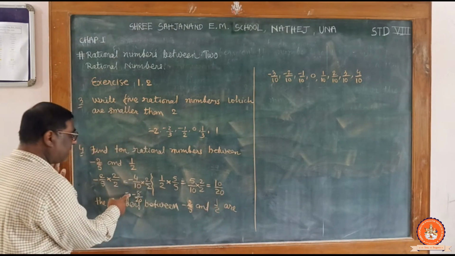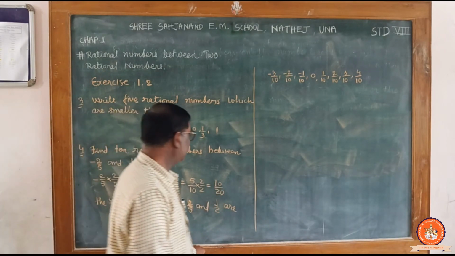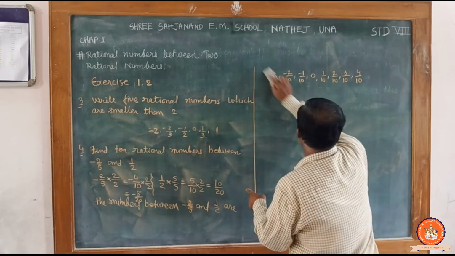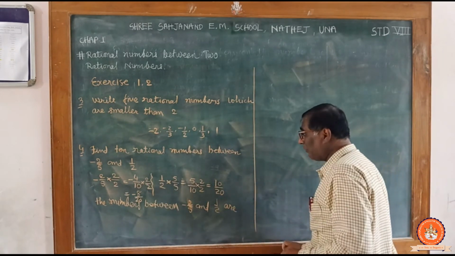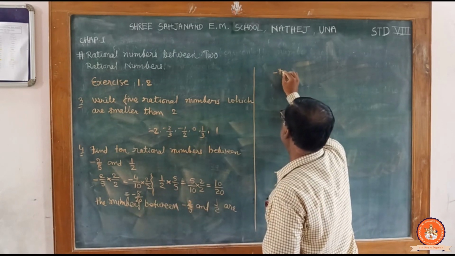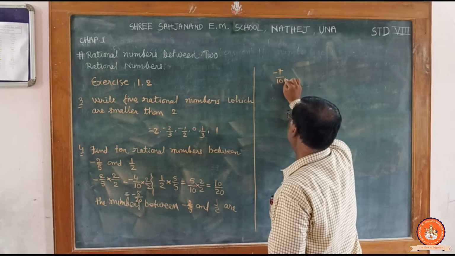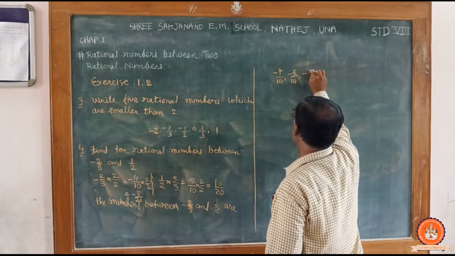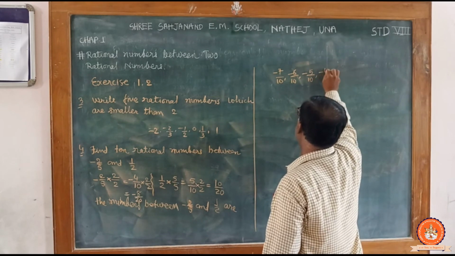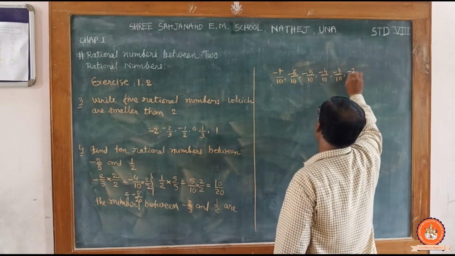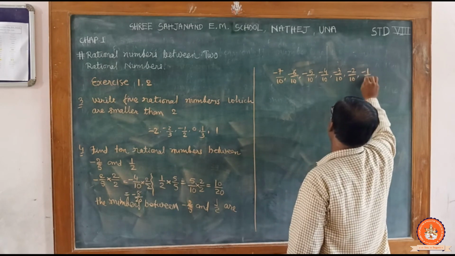So now we can write minus 7 by 10, minus 6 upon 10, minus 5 upon 10, minus 4 upon 10, minus 3 upon 10, minus 2 upon 10, minus 1 upon 10.